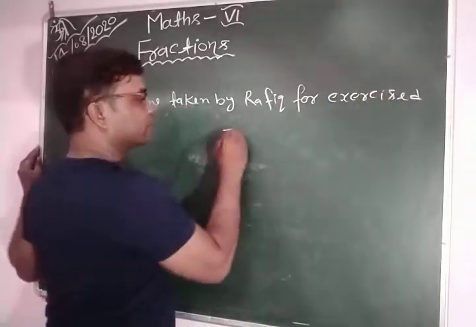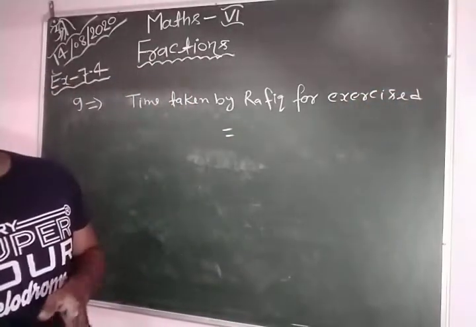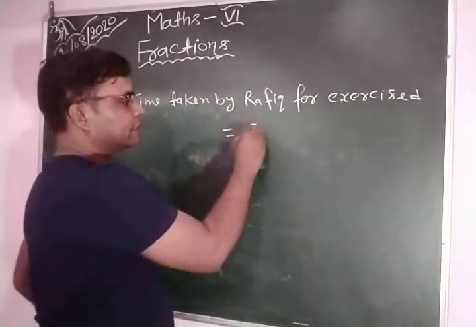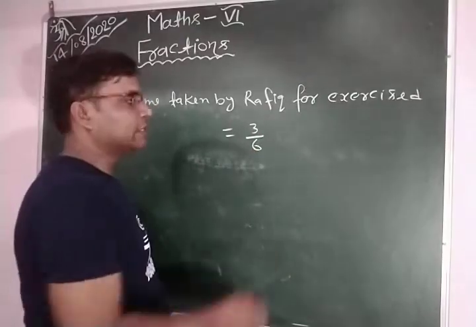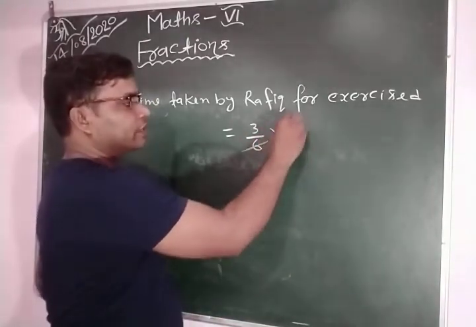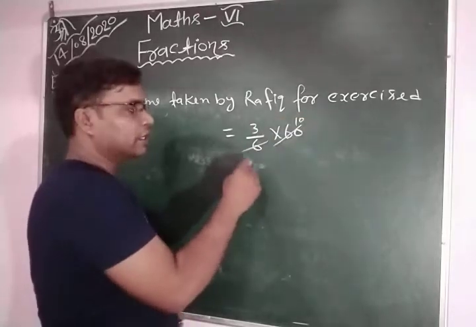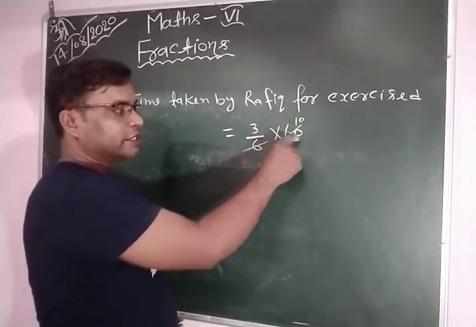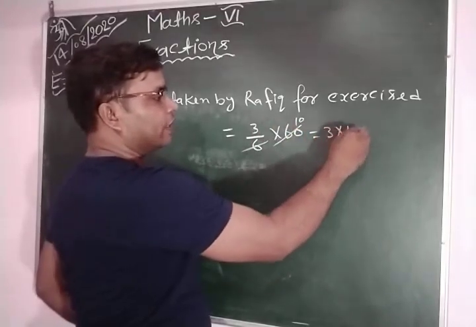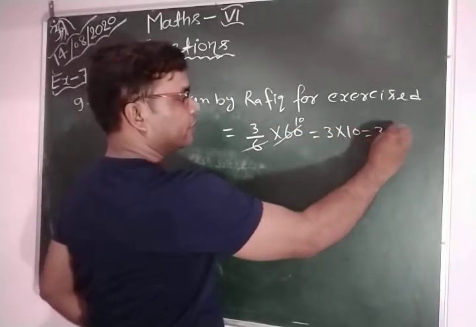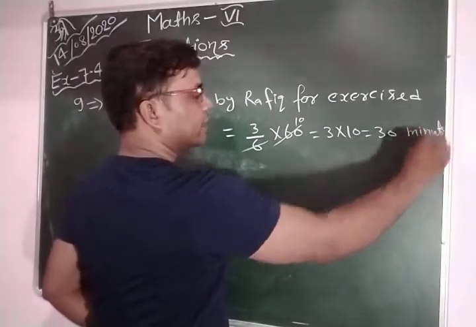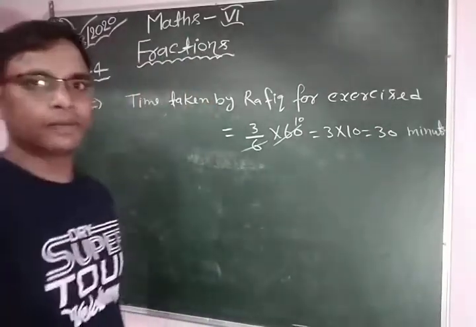This is equal to 3 by 6 of half an hour. 3 by 6 of half an hour means 3 by 6 into 60. 6 tens are 60, and we have here 3 into 10. This is equal to 30 minutes. Okay, this is equal to 30 minutes.